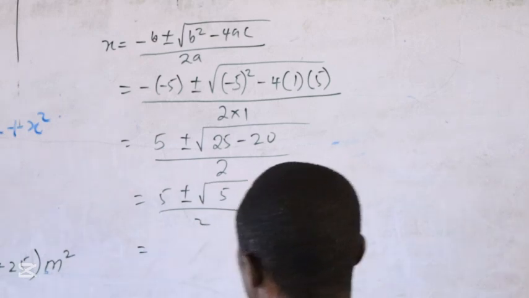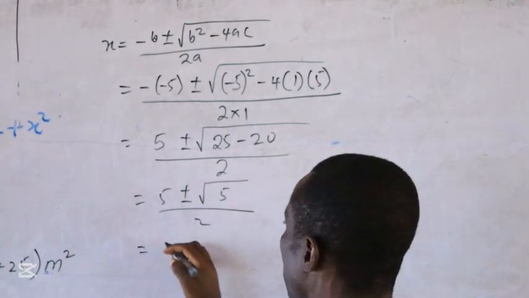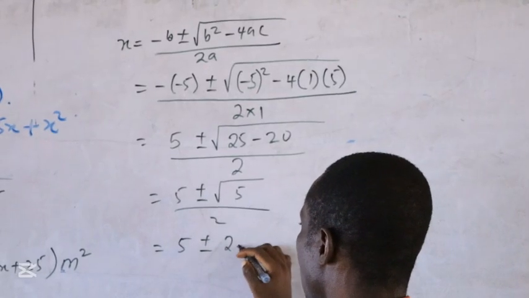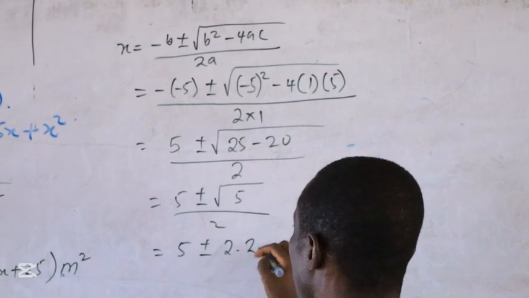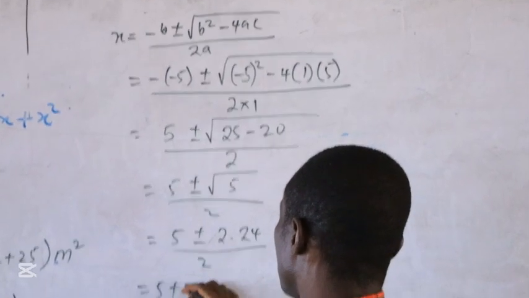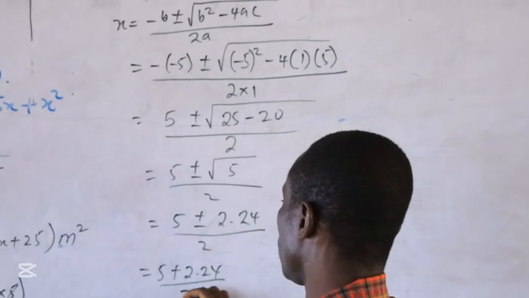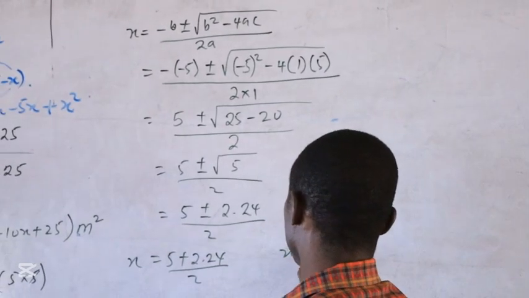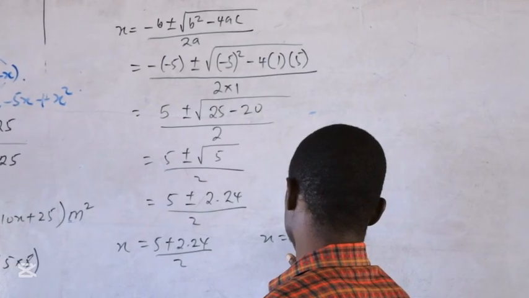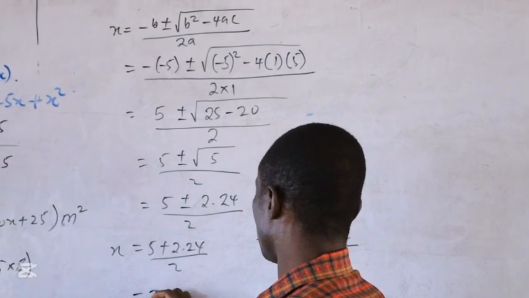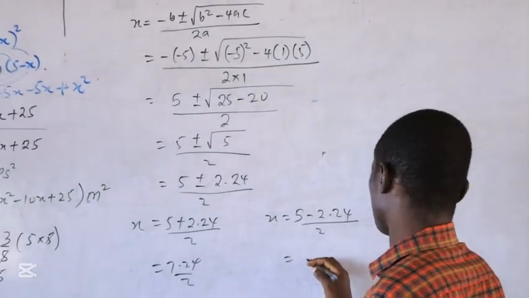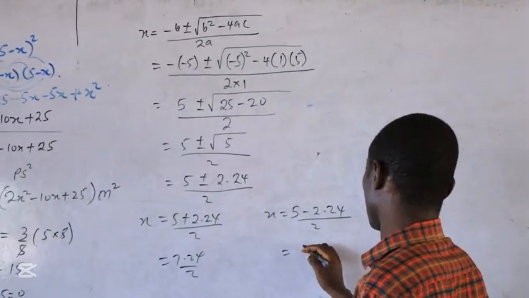Now, what's the square root of 5? 2.24, all over 2. So the first answer is 5 plus 2.24 over 2, while the second one is 5 minus 2.24 all over 2. So what do we have here? This is 7.24 over 2, while this one is 2.76 over 2.